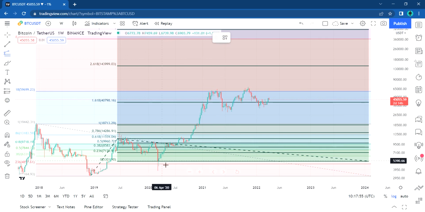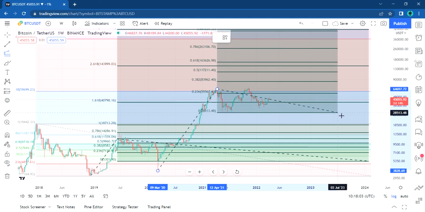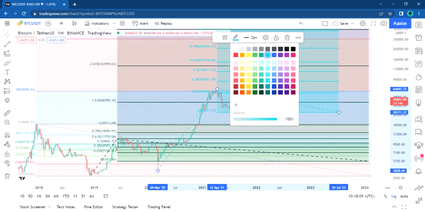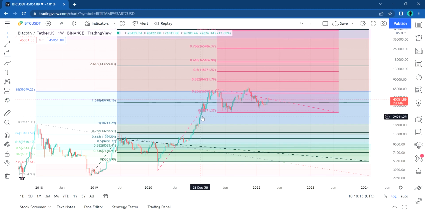So again, if I do it from the wick bottom of COVID to our first impulsive top, and then our last bottom, you get a different detail over here. Now you can see the levels a little bit more clearly, seeing where we are.